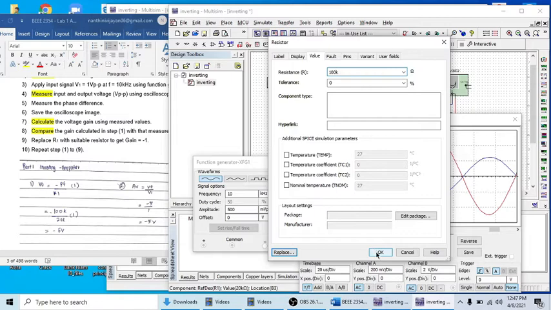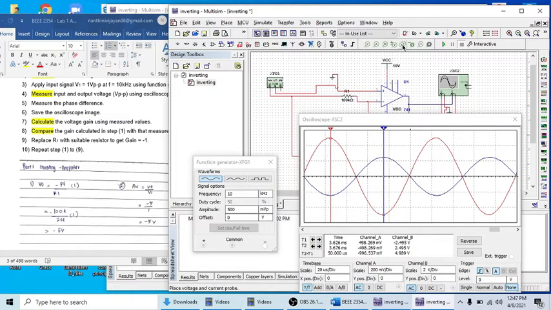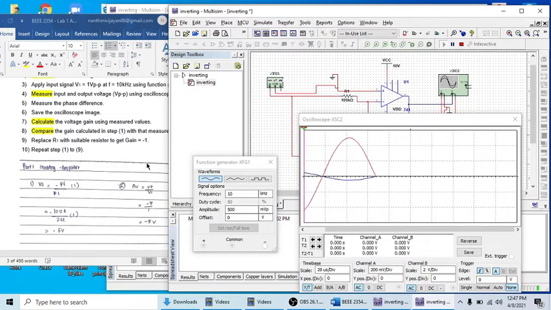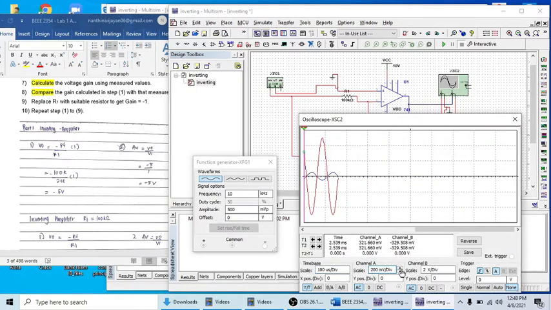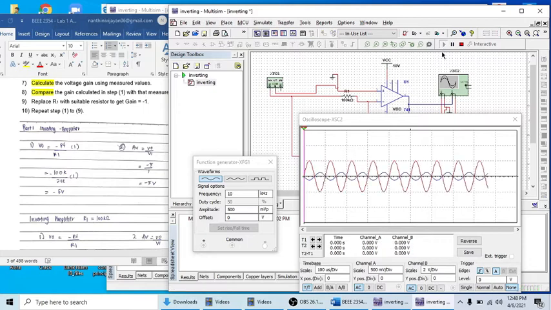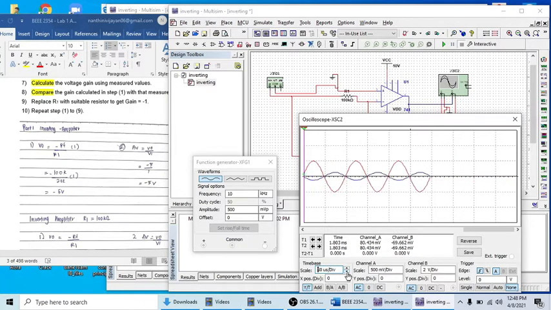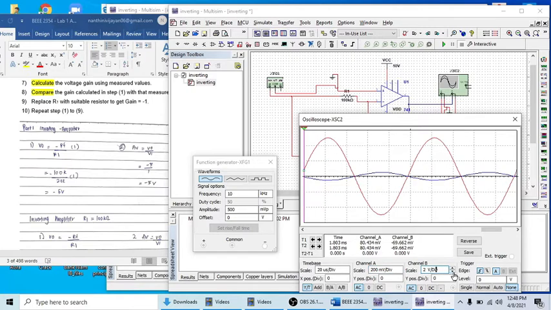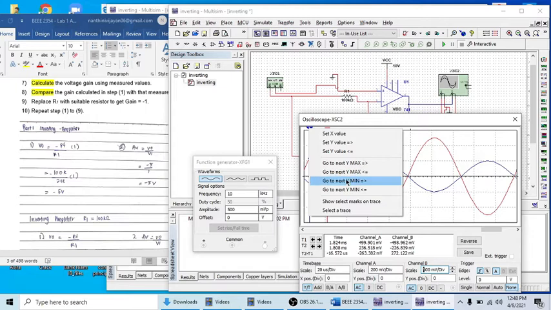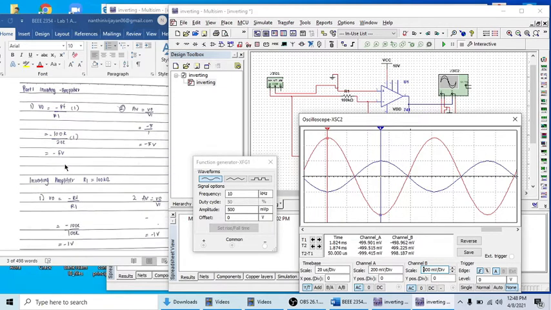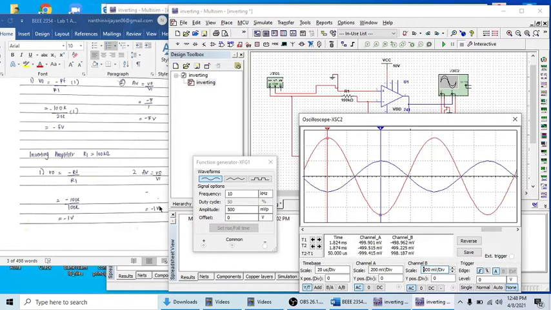So I replace it with 100k. So I get 1. My calculation value also gives 1.